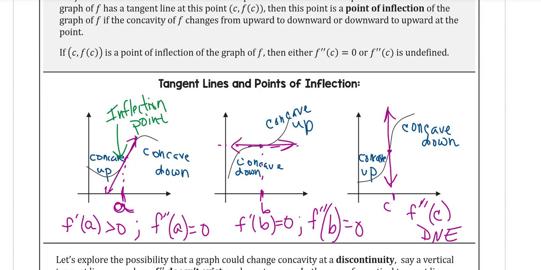But we do have a change, and all three of these are inflection points, and this also is an inflection point. That fits the definition of our inflection point, where we're changing from one concavity to the other, and our second derivative is either equal to 0 or does not exist.